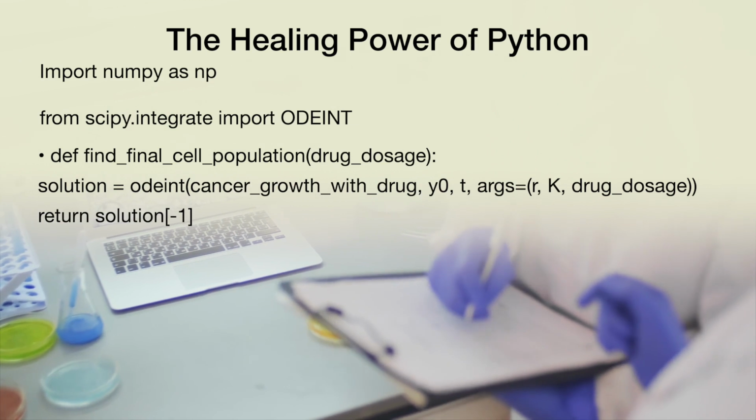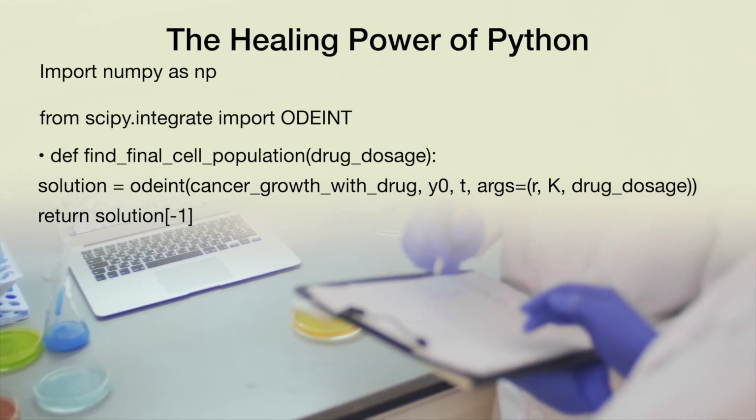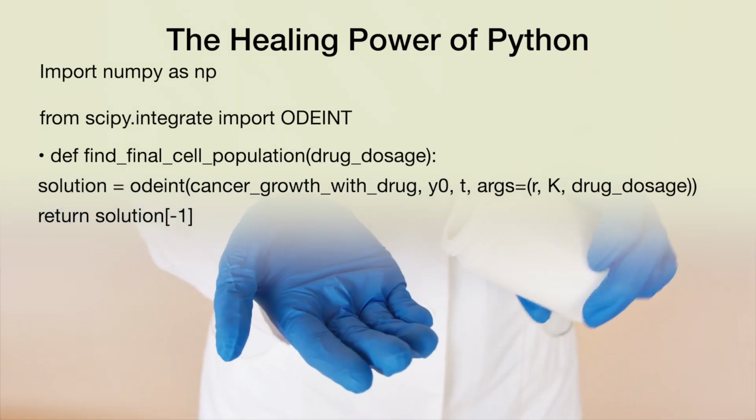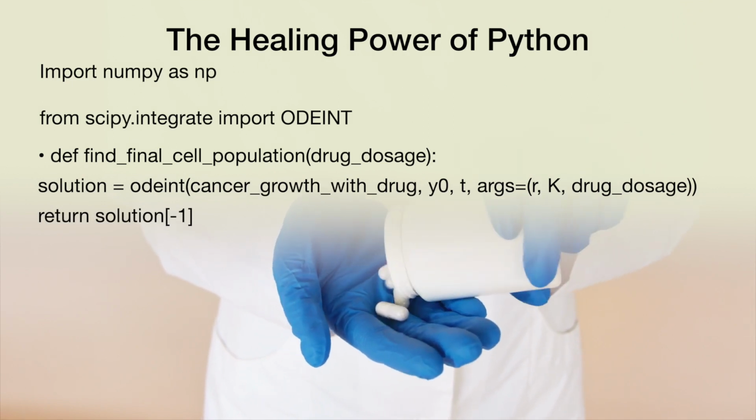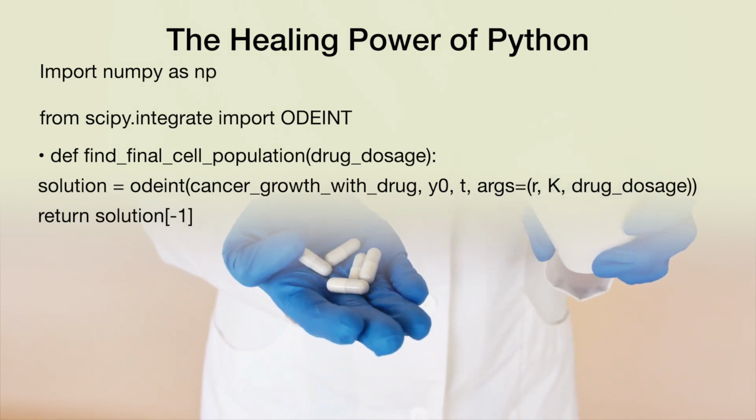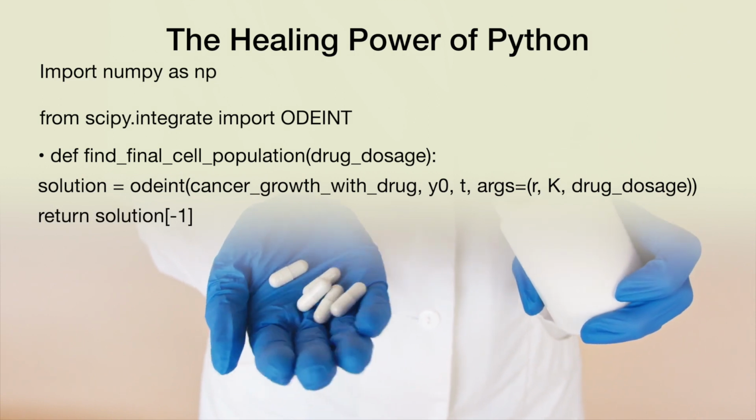We'll be doing this by giving this equation wherein we are saying solution is equals to ODEINT, which is again a function that we have already seen. Inside this, we are giving these parameters. First of all, we'll see the cancer growth with drug. Take this parameter, cancer growth with drug.